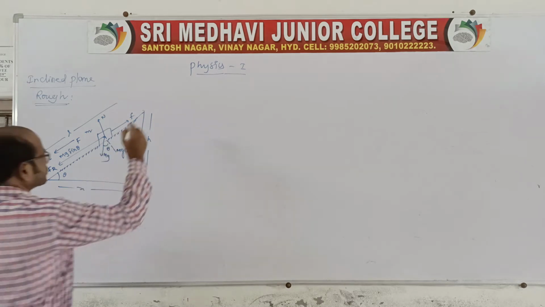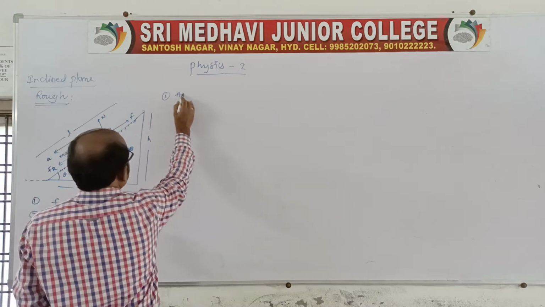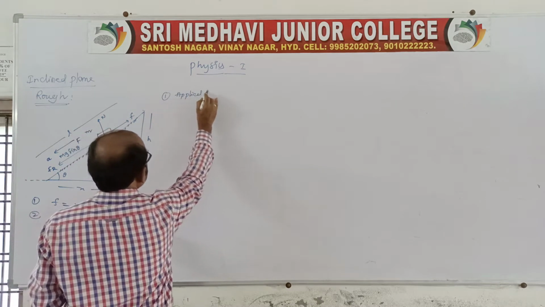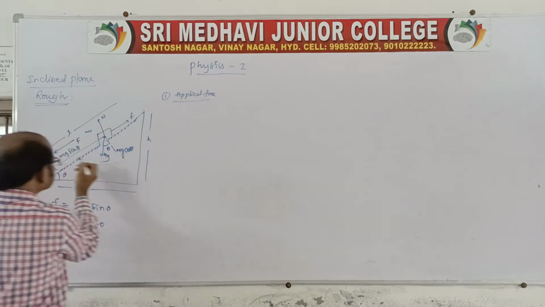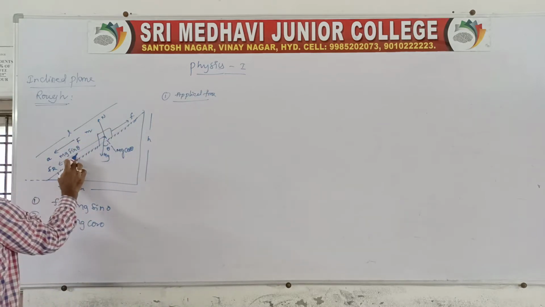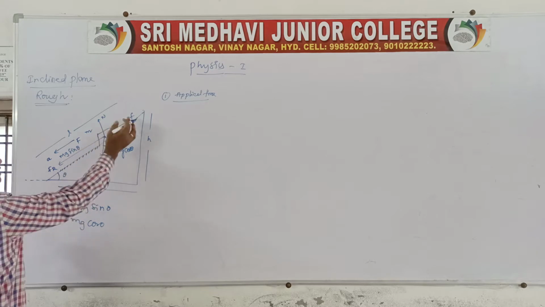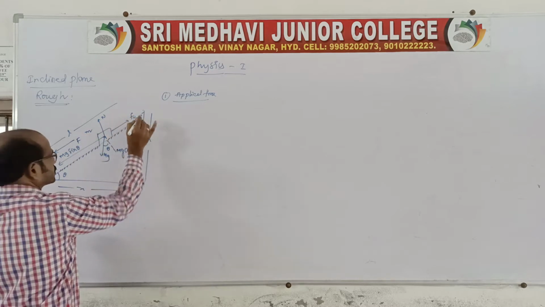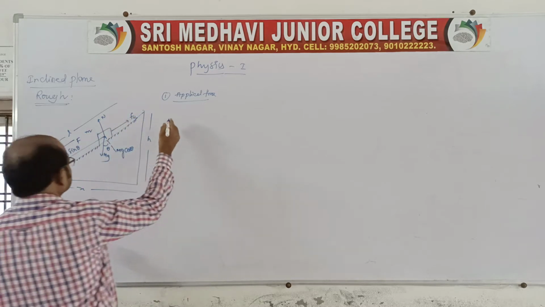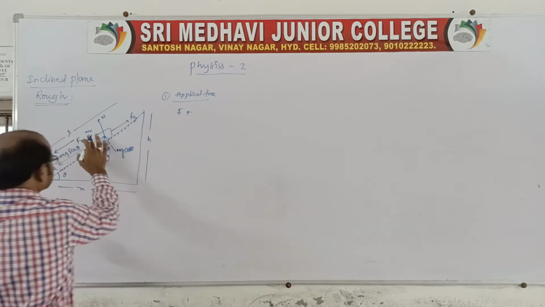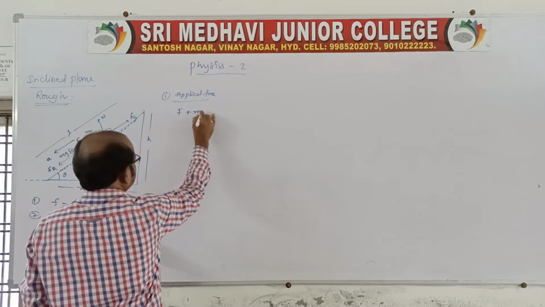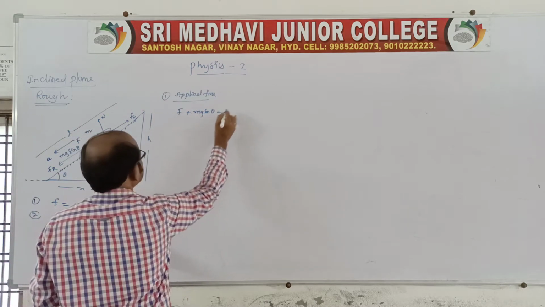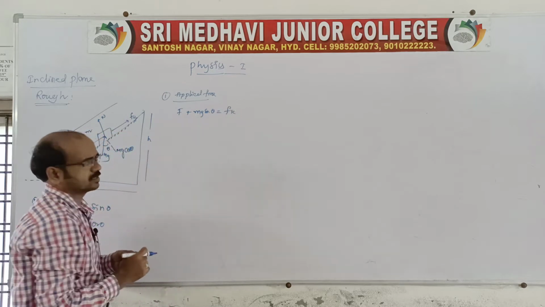Now I am finding the applied force. You take the applied force like this, so that the applied force is F. F and mg sin theta are acting downward, whereas the frictional force is acting opposite to the motion of the block. Both are in the same direction, that is F and mg sin theta are acting downward, and Fk is acting opposite.